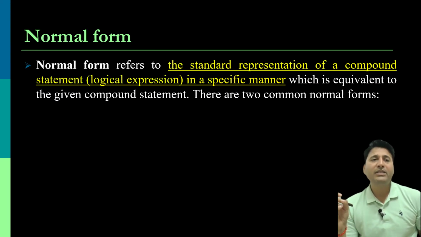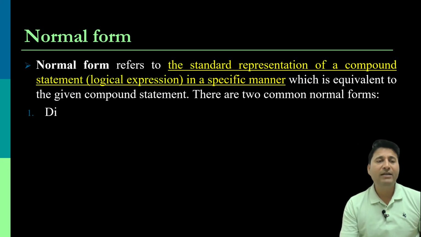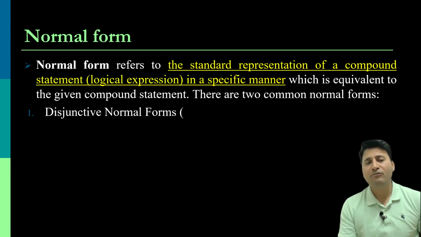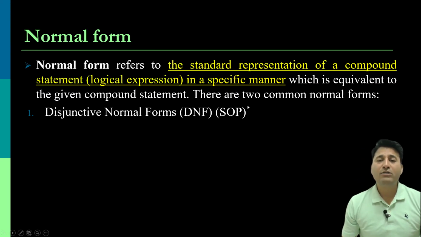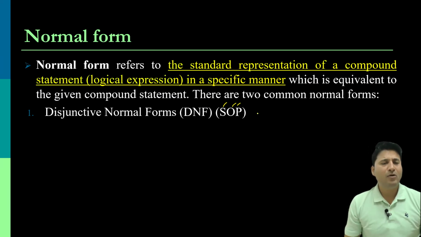When talking about normal form, we have two kinds of normal form. One is known as the disjunctive normal form. We also call it DNF or SOP. SOP means the sum of products.